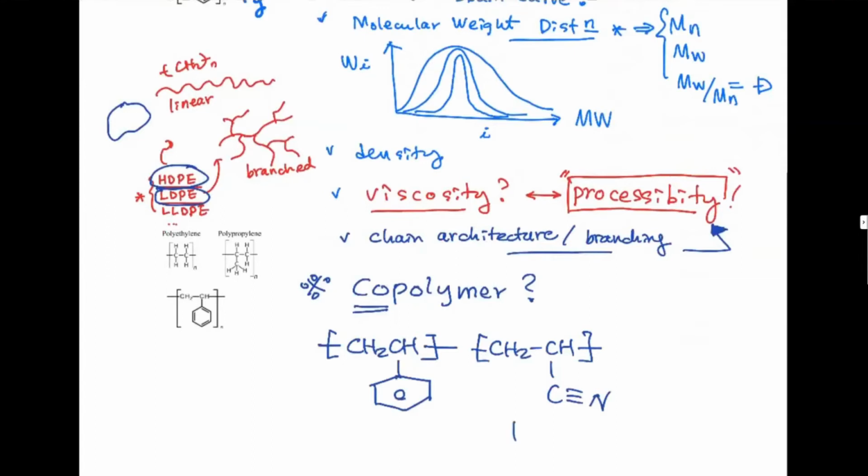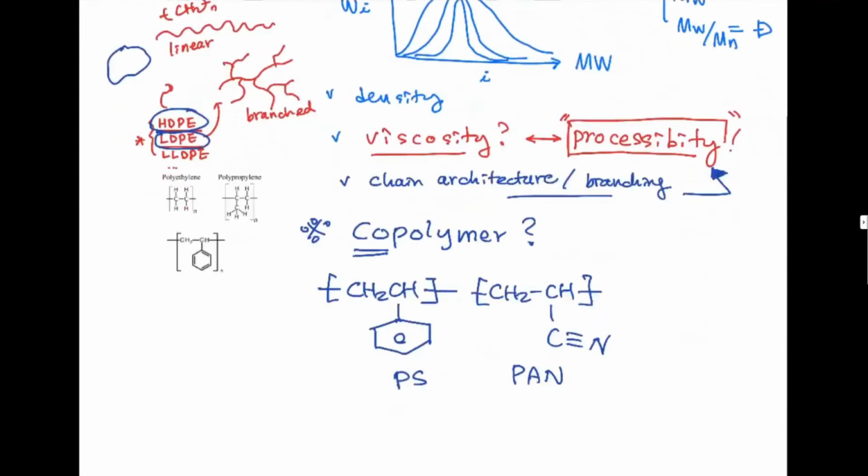It's called PAN, and this is PS. Polystyrene we use as it is, making styrofoam cups and sometimes clear plastic covering, because it's a very cheap monomer that we can easily make, and that became one of the mainstream polymers.